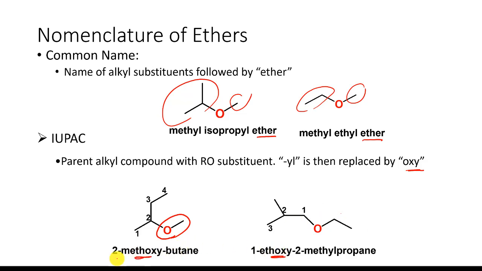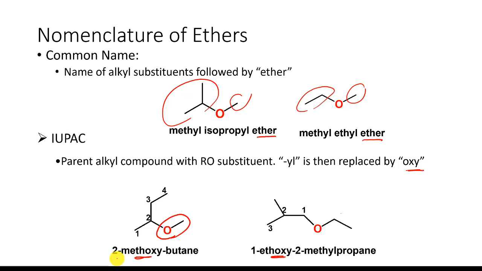You treat it just as you would a halide or an alkyl group. It has the same priority as those groups. And you would number the parent chain so that the substituents get the lowest possible number.